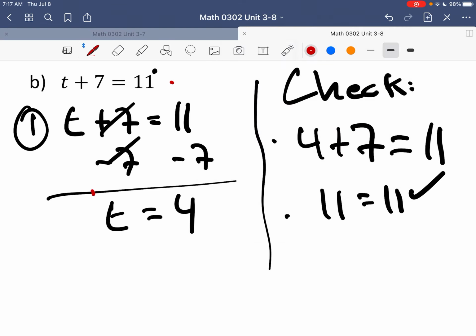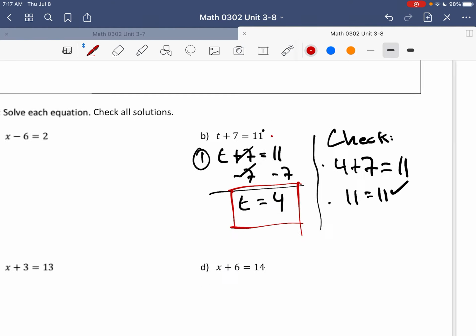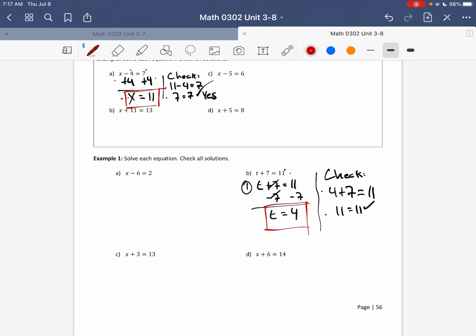And so indeed, the number t equal to 4 is the solution to the original equation. Okay, so that one was using the subtraction principle.